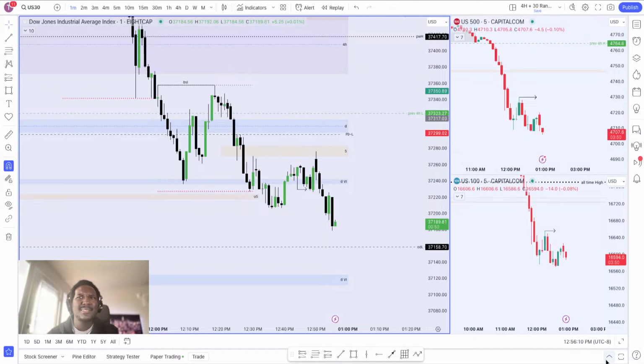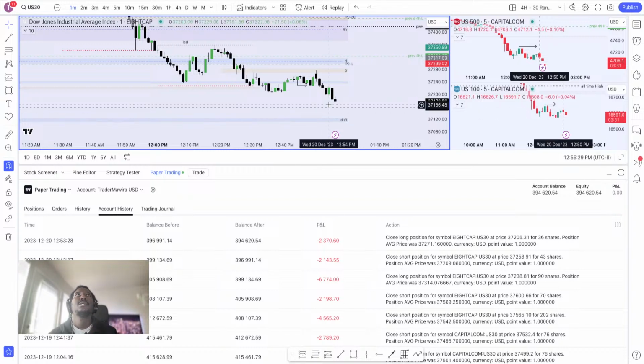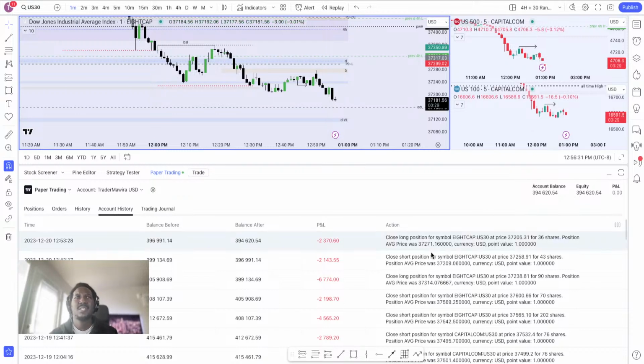Big loss? I don't think so, because the account is a paper trading account, and just before I start it was at 400k. So if you do the math, it's not a big loss in the context of the actual balance. I was doing 1% and 0.5% risk. So I think I've lost like, let me do that math.